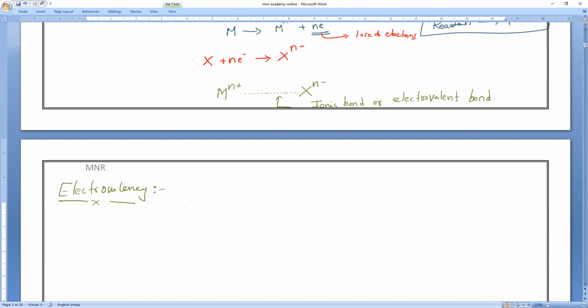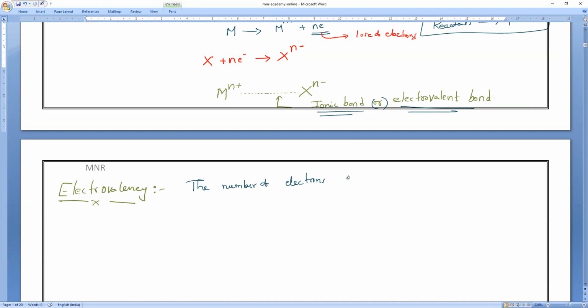The number of electrons given by metals, the number of electrons. You studied this definition in 9th class, but you might have forgotten it. Ionic bond, what is another name, everybody? Electrovalent bond, please learn that.